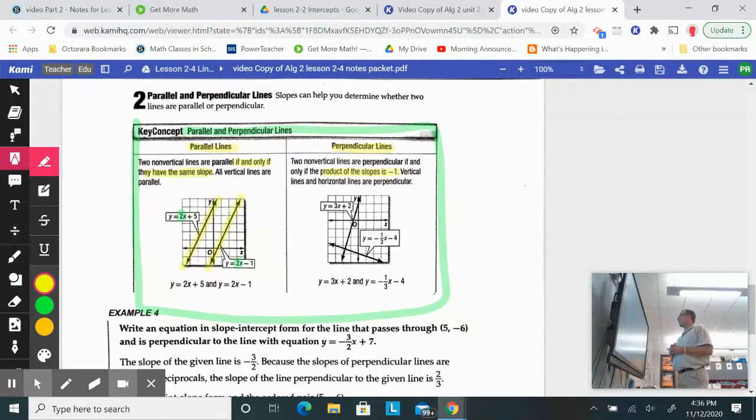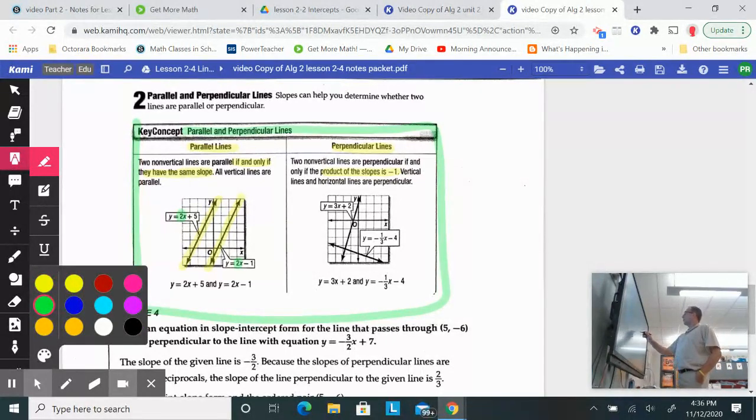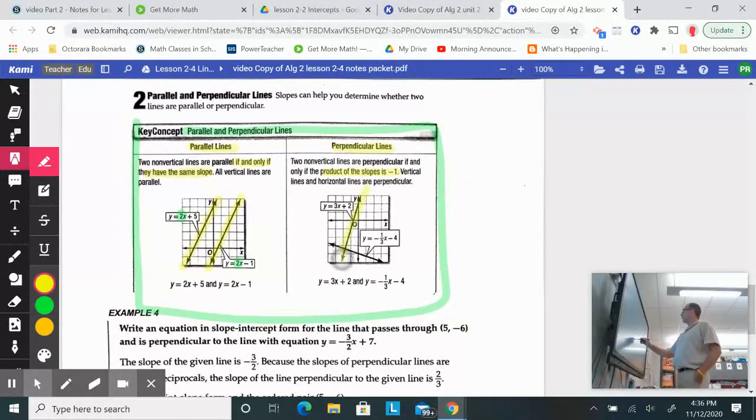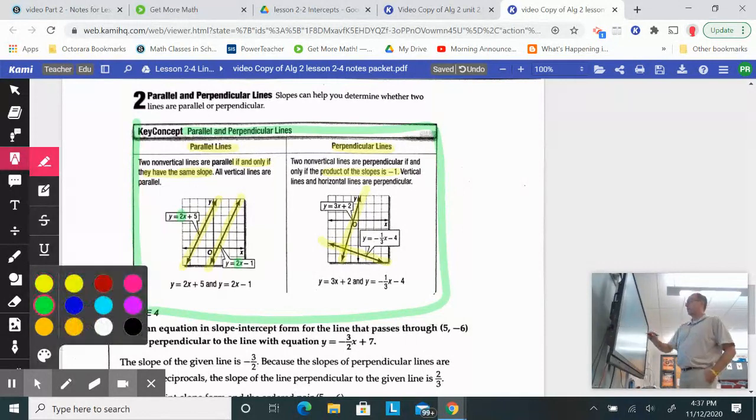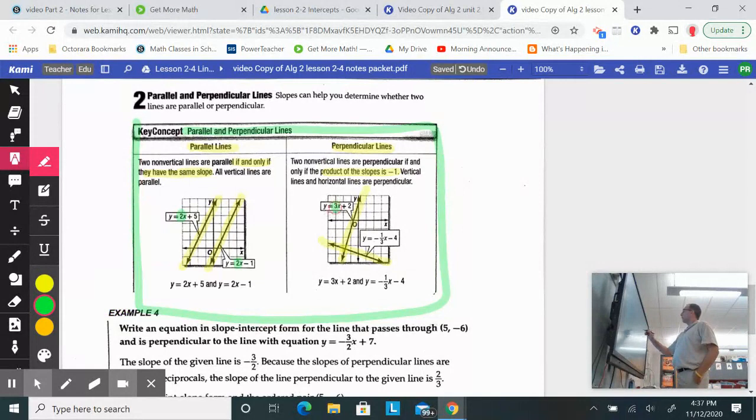So let's take a look at the slopes here. We have this line here and this line here. They're perpendicular. How do we know that? Well, they look like they form a right angle, but more importantly, it's not how they look, it's their slope. 3 is the slope of this line. -1/3 is the slope of the other line.